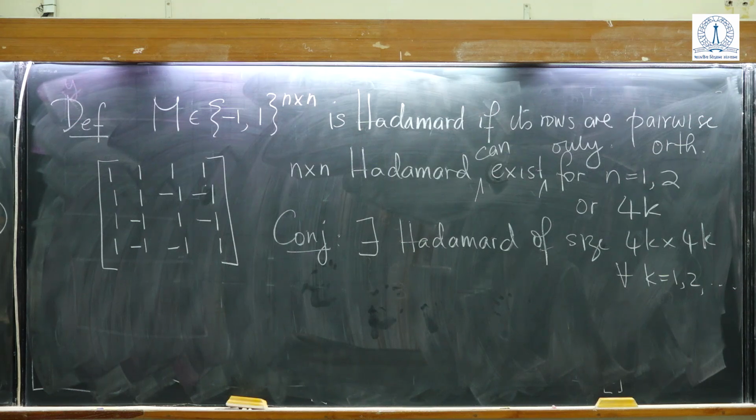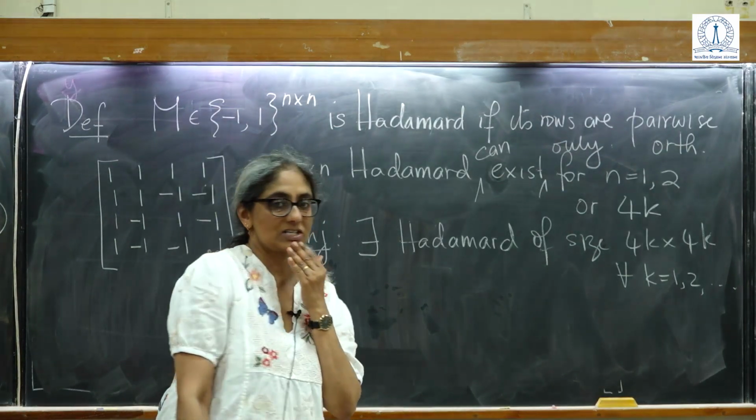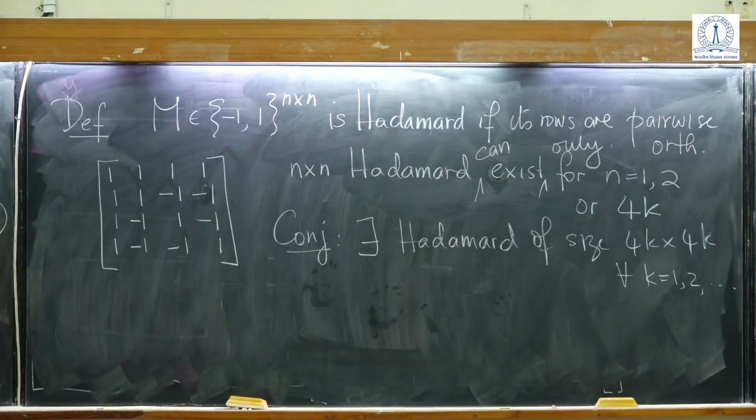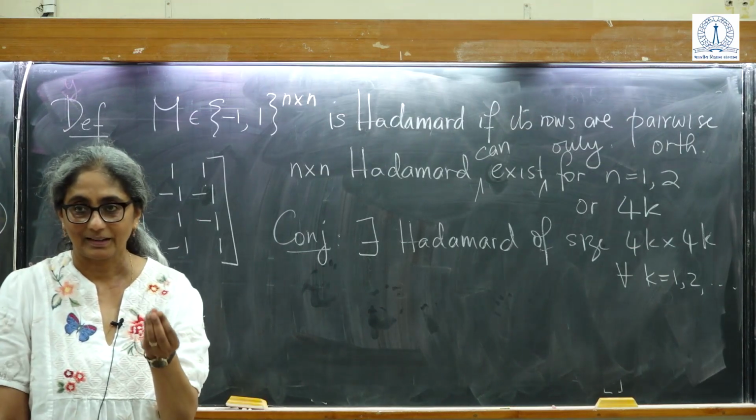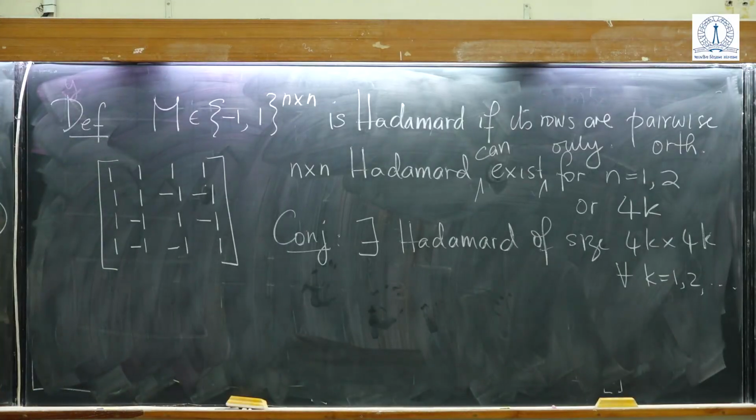This is known. That the size has to be divisible by 4. And the Hadamard conjecture, which I said is about 100 years old, is saying that there is a Hadamard matrix of size 4k by 4k for every k. Another open problem for our students. So this is the Hadamard conjecture.